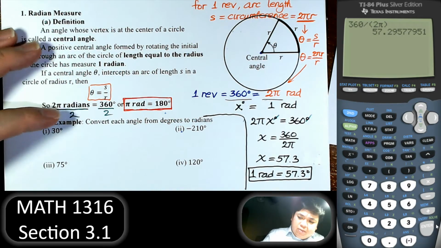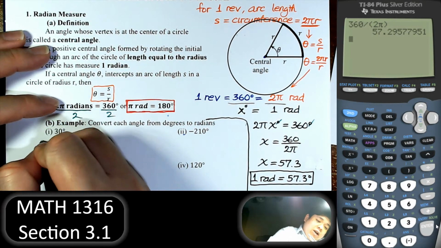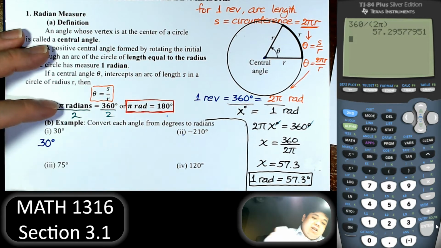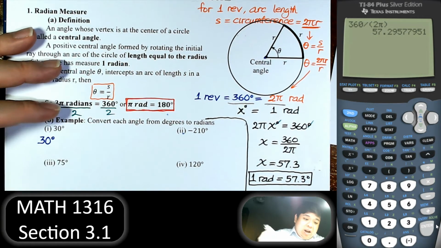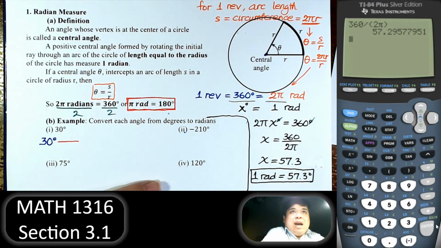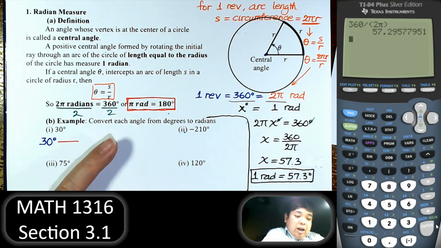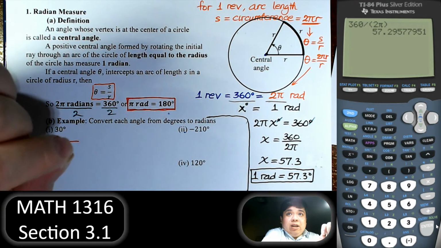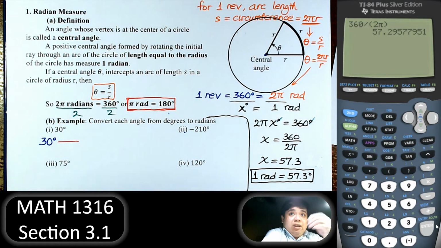All right. First, 30 degrees. Now, it's just like any conversion. We would write the conversion factor, we put a fraction. What is the question? Convert each angle from degrees to radians. So the answer is in radians, right?